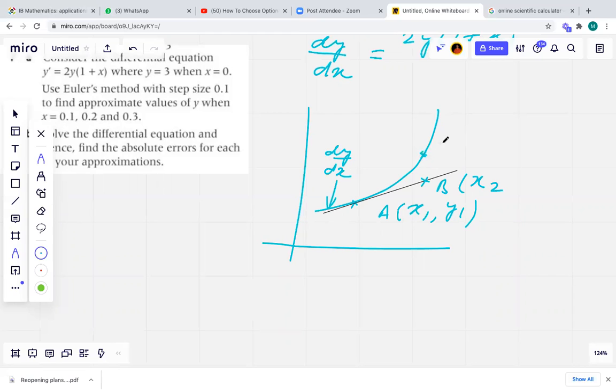However, point B is on the tangent, and I don't know the curve. But if my step size is small, if points A and B are very close, then these two, this one and this y2 here, will be the same.